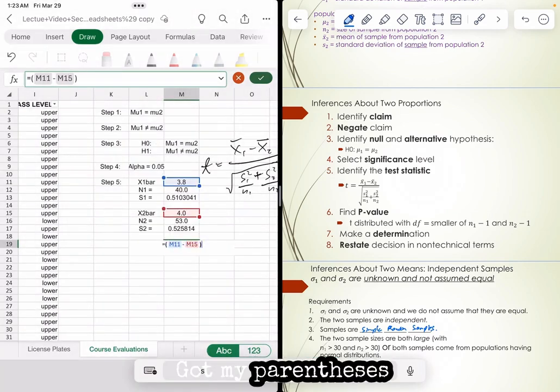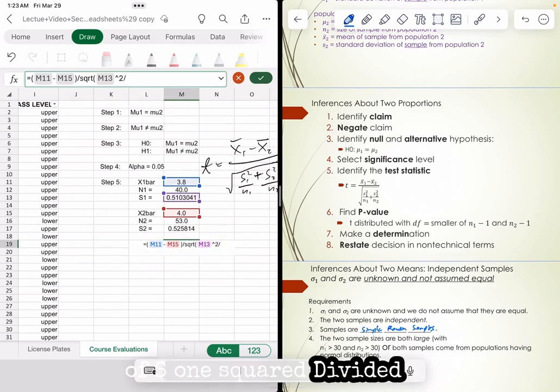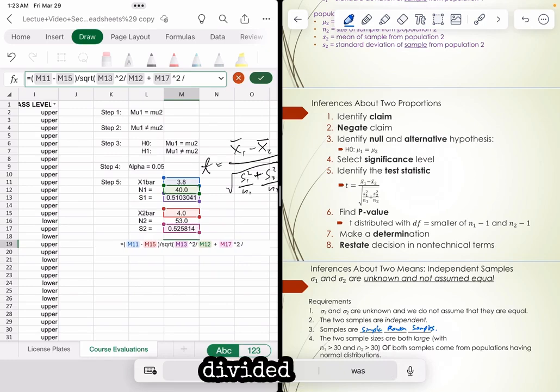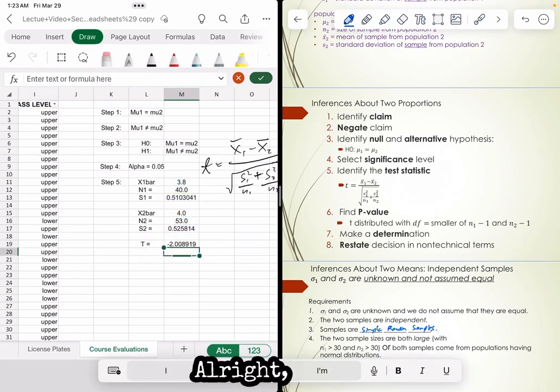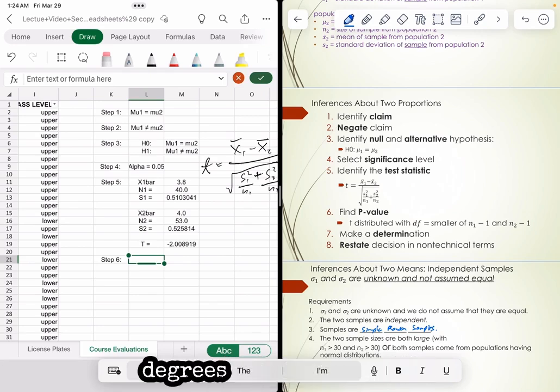Divided by the square root of S1 squared divided by N1 plus S2 squared divided by N2. Close the parenthesis on the square root. All right, step 6, the p-value. It's a t-distribution with degrees of freedom equal to the smaller of n1 minus 1 and n2 minus 1.